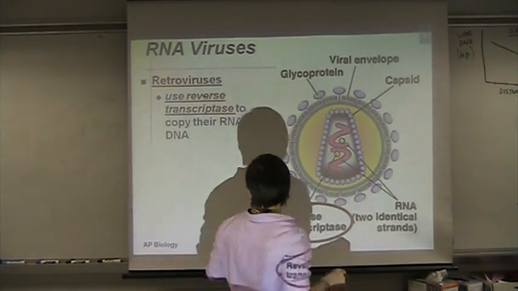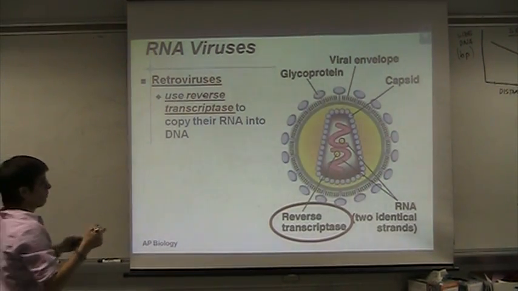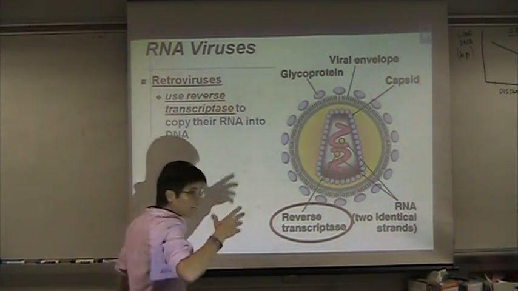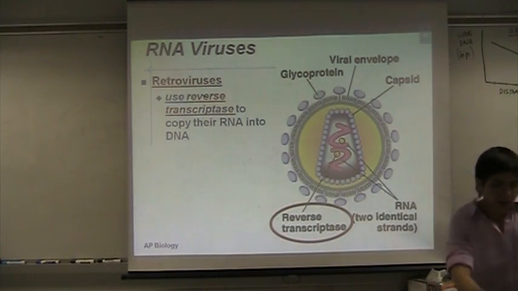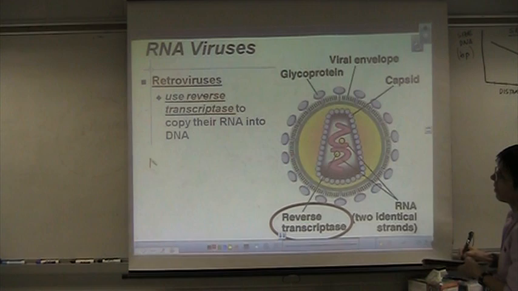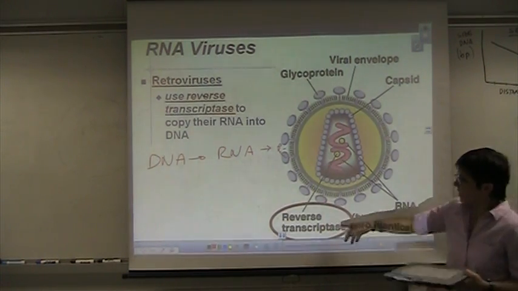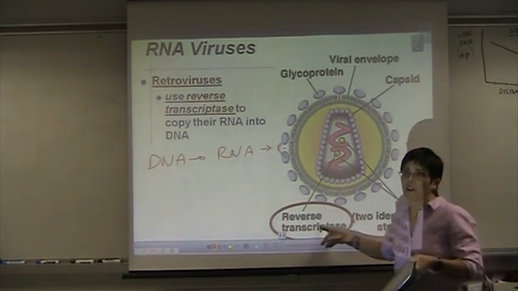Now, if you recall, the central dogma goes from DNA to RNA, and then of course to protein. Now notice this name, reverse transcriptase.